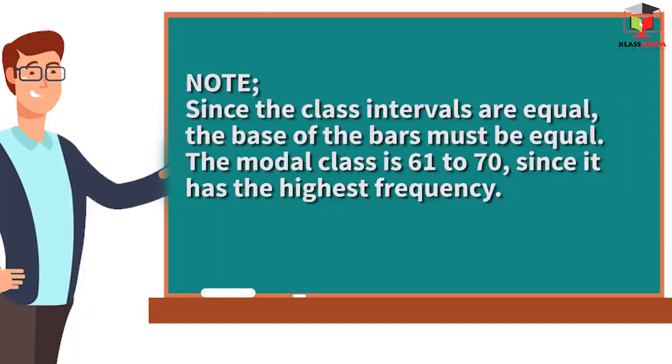Note, since the class intervals are equal, the base of the bars must be equal. The modal class is 61 to 70, since it has the highest frequency.